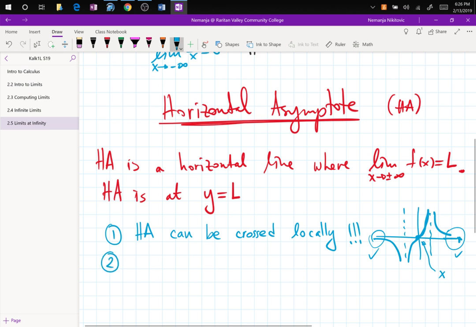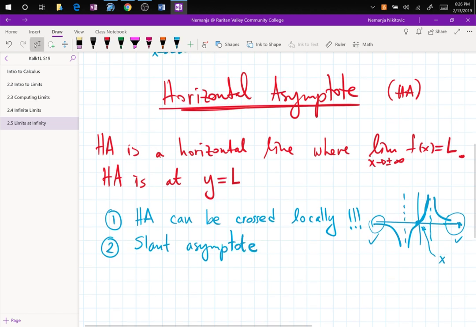Number 2, slant asymptote. A slant asymptote is the offshoot of the horizontal asymptote. You can't have both at the same time, so it's one or the other, or neither.